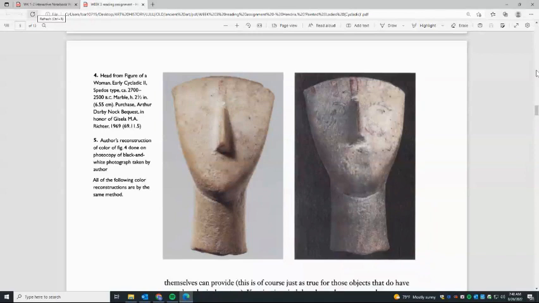So I found this one of the articles that I had to read while I was in grad school was this art historian, and she was studying the figures of the Cycladic islands, and she drew in high detail the figures that she was studying because the photographs just were not showing the details that she was seeing with her eyes.